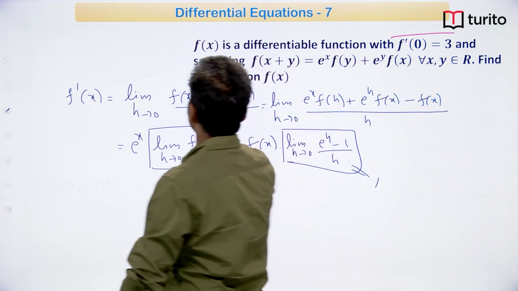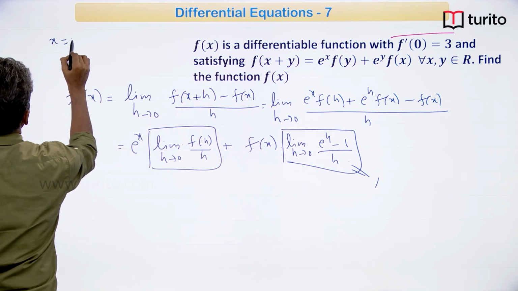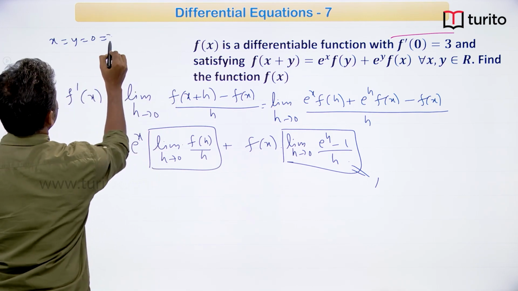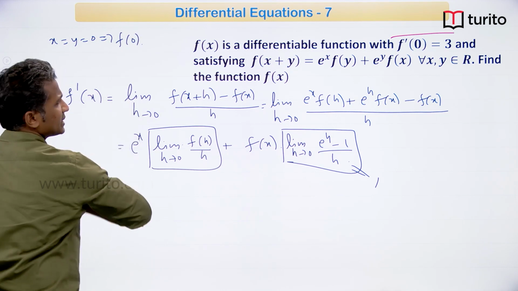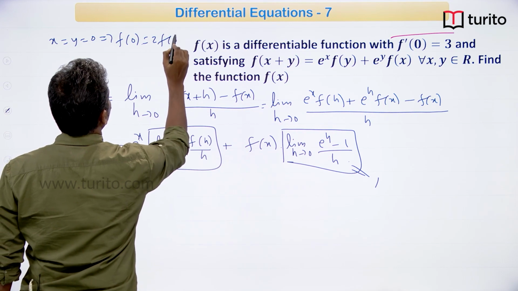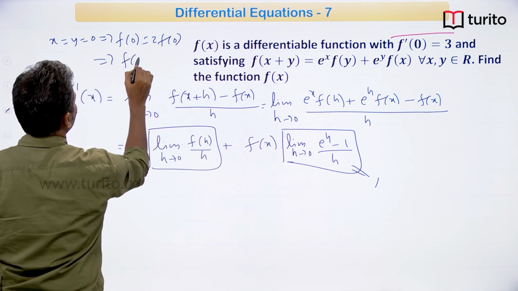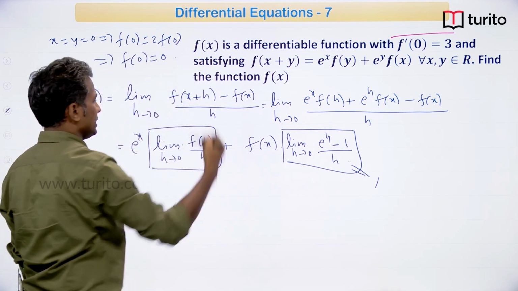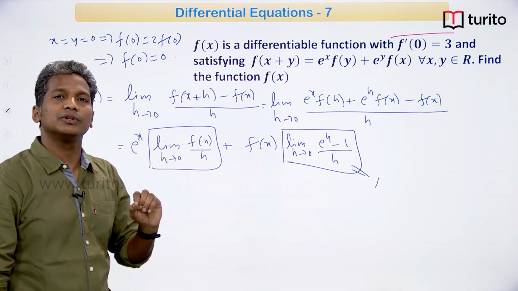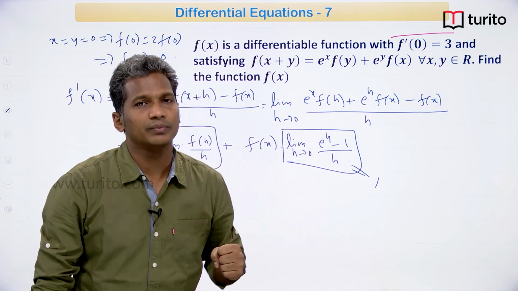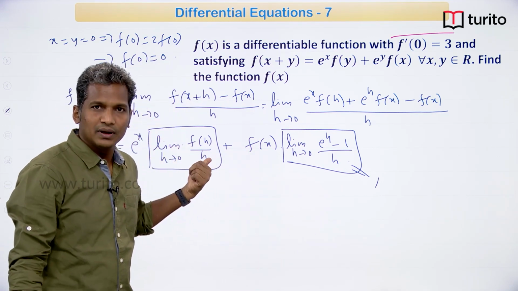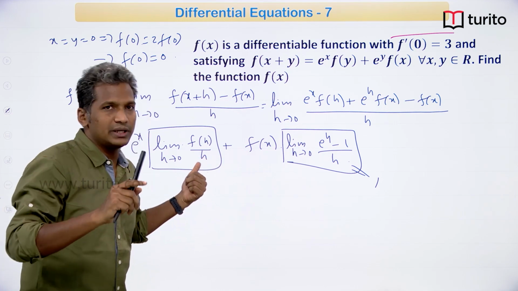Okay. So, if we put x equal to y equal to 0, what do we get? We get f of 0 in the LHS, and in the RHS we will get 2 into f of 0, which will give the value of f of 0 to be 0. So, now it is clarified that this limit is of the 0 by 0 form. So, we can apply L'Hospital rule here.